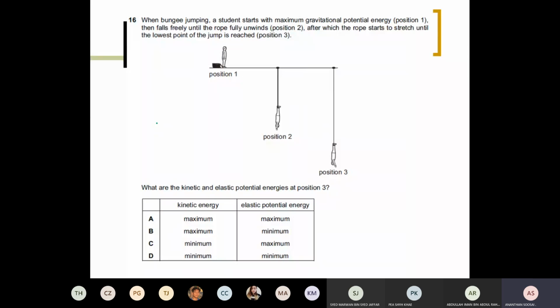Okay, another one, 16. What's the answer for this? The bungee jump. Maybe some of you have tried this before. What type of energy change happens?